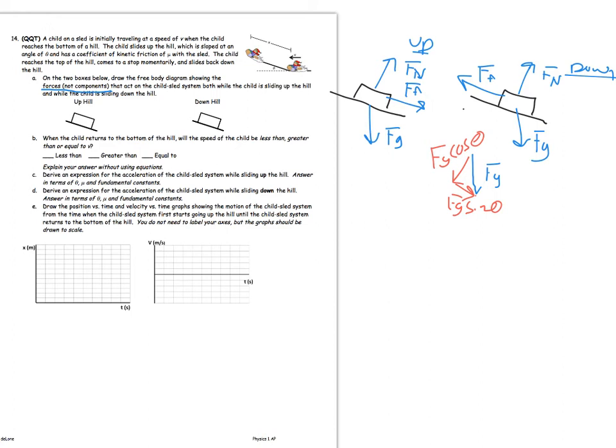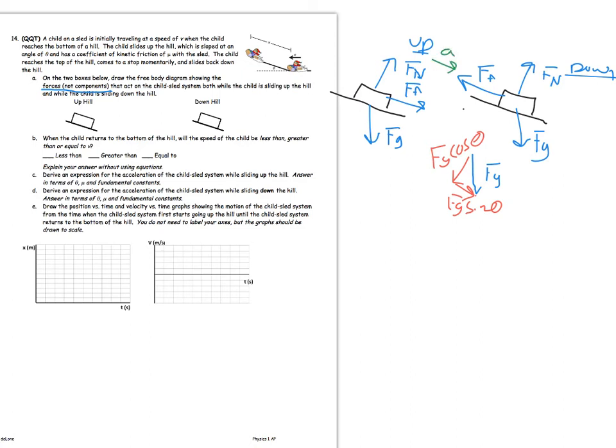And here's what I would look at: when I'm going up the hill, Fg sine theta and Ff are both working with each other to slow the object down and ultimately lead to an acceleration that is down the hill.